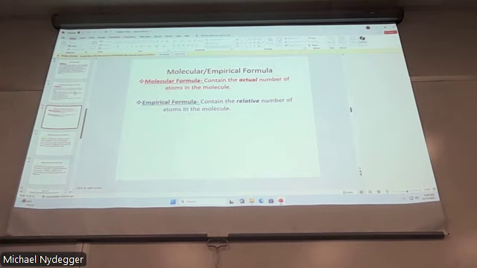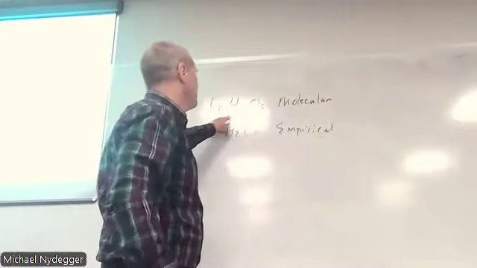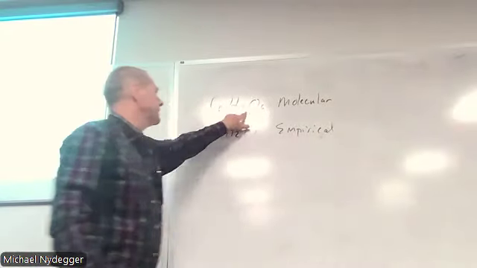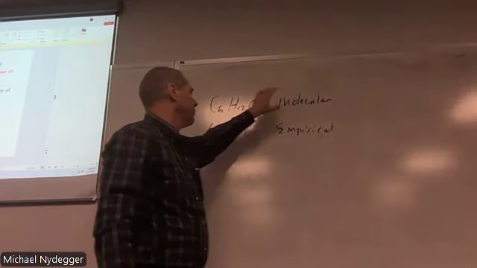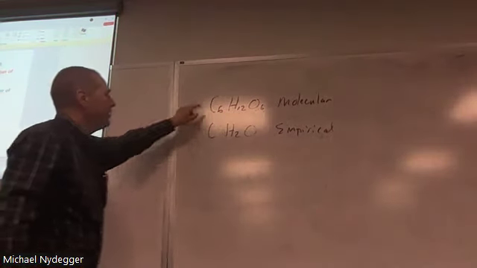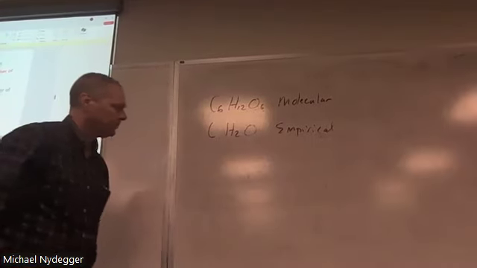The empirical formula is simply going to be the relative numbers. Okay. So for a sugar, C6H12O6 is the molecular formula. The empirical formula would be CH2O. Right.